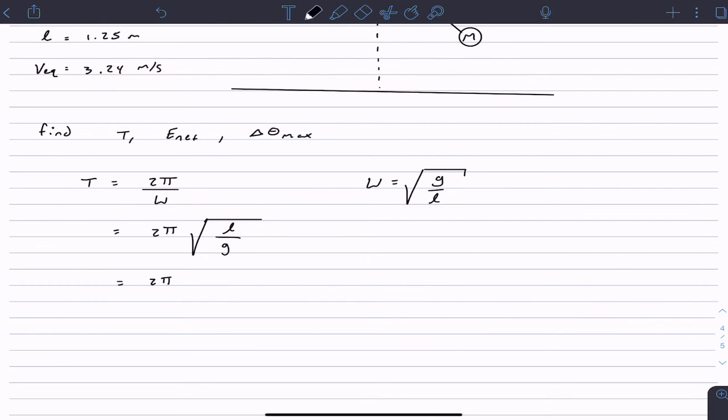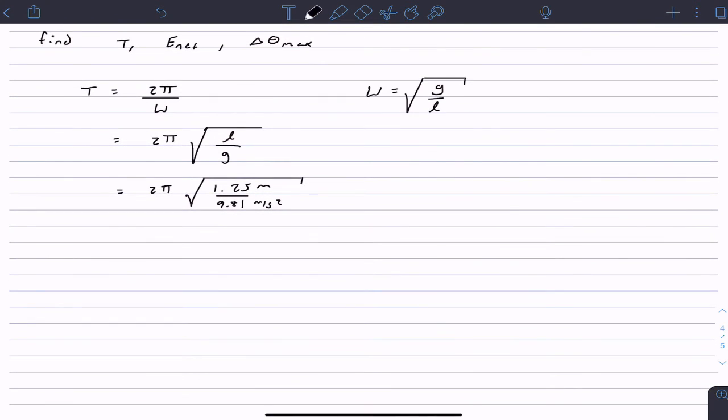That gives us 2 pi times the square root of 1.25 over 9.81 meters per second squared. So we see in here units of meters cancel, seconds goes up top, and it's under a square root. That gives us units of seconds. That's what we want. So 2 pi, and I don't need to worry about the radians, and then we get a value of 2.24 seconds.